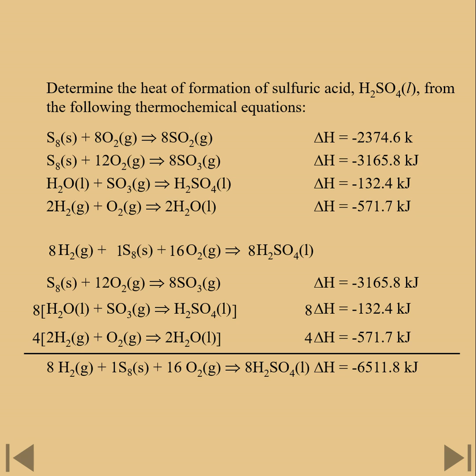And note, we used equation 2 as written. Equation 3 we multiplied by 8. Equation 4 we multiplied by 4. Don't forget to come back and put those numbers in when you're actually crunching them to get your final enthalpy.